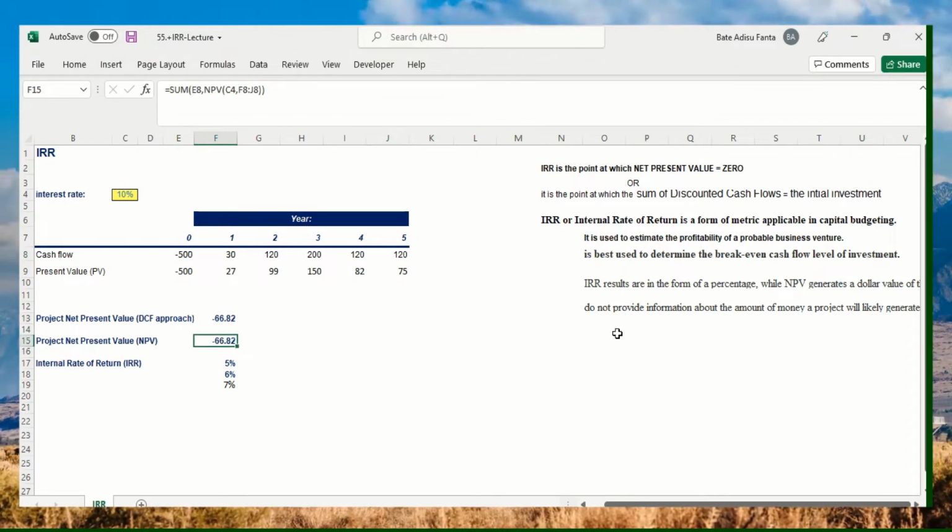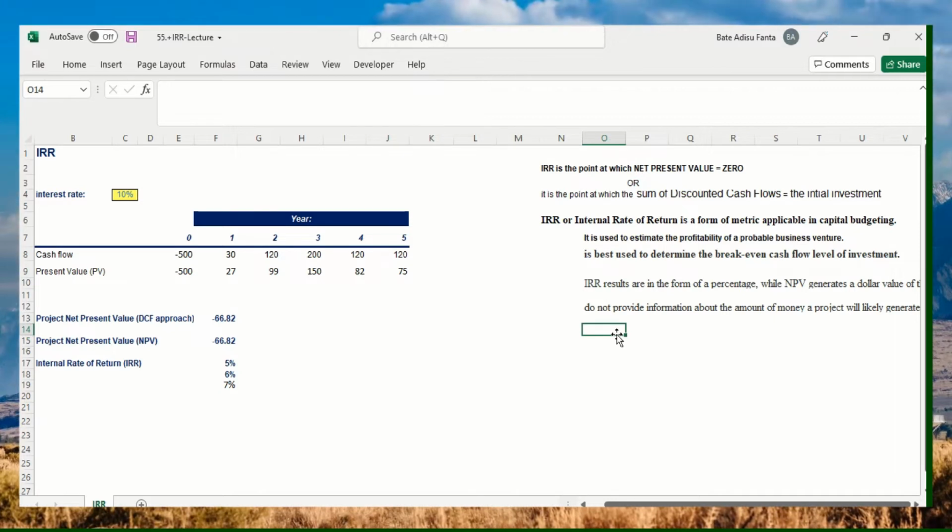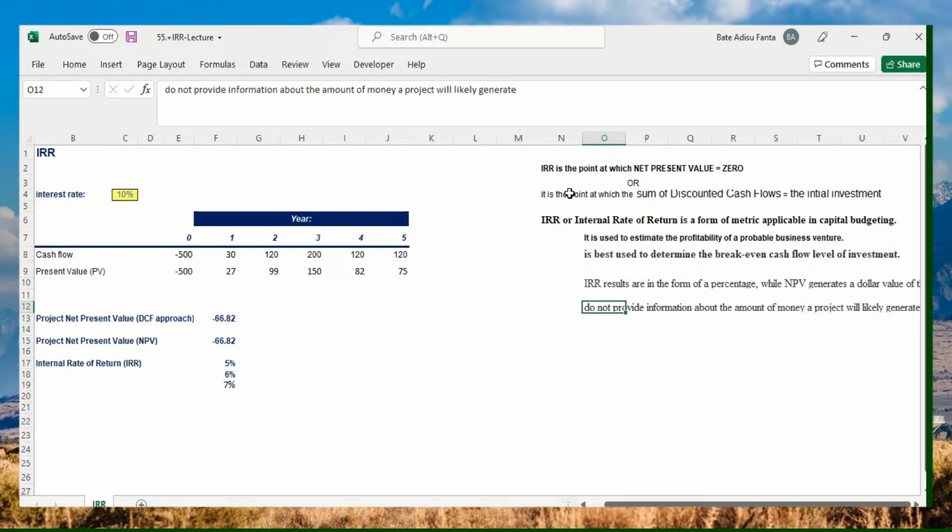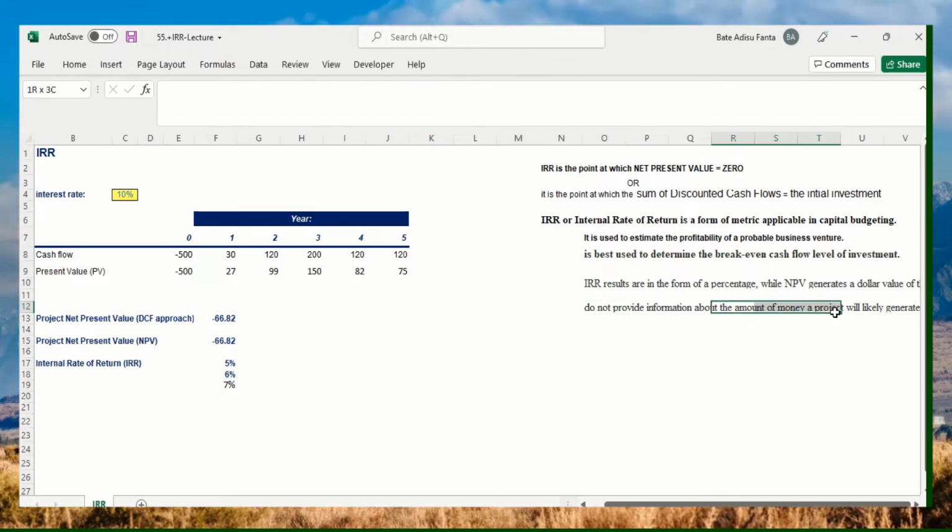Great. The problem with internal rate of return is that it does not provide us information about the money a project will likely generate in each year.